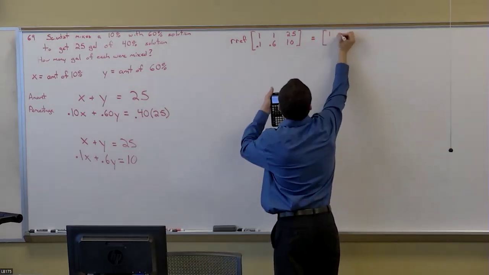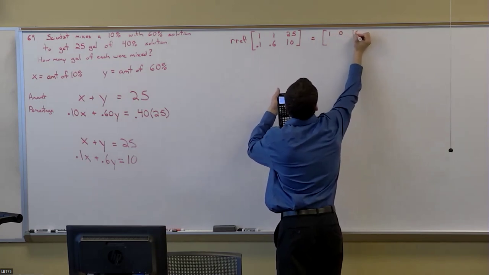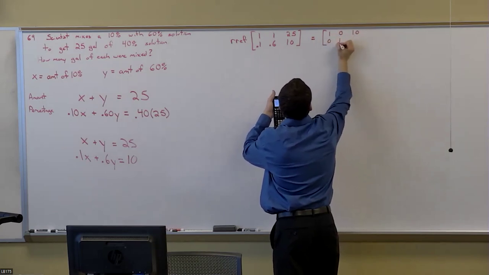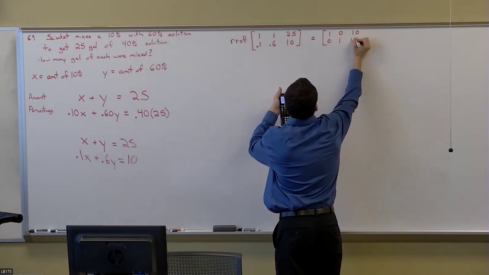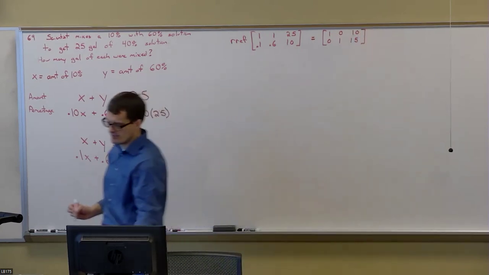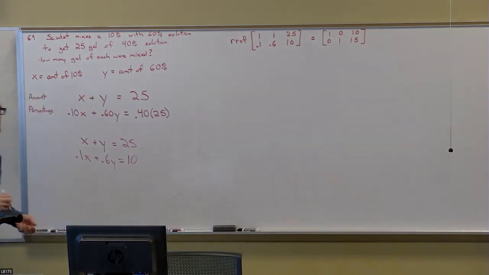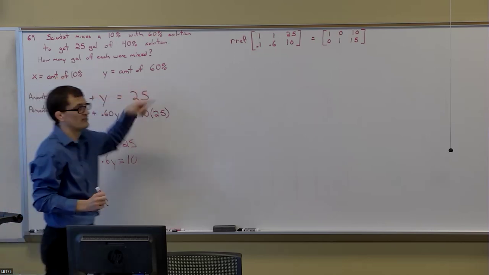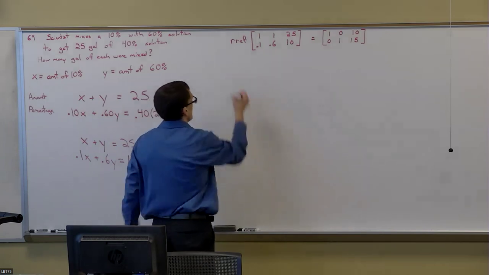And when I did the RREF, I got this: 1, 0, 10, 0, 1, 15. That means I needed to add 10 gallons of the 10% and 15 gallons of the 60%.